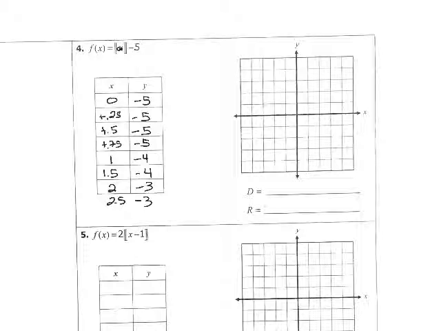So we start at 0, we come down 1, 2, 3, 4, 5, -5, over here, open, over here, open, over here, open. And again, domain, all real numbers, range, all integers.